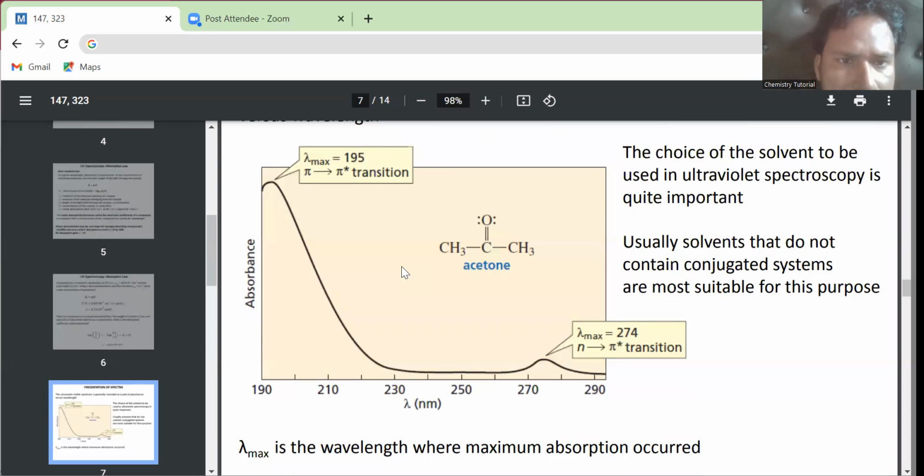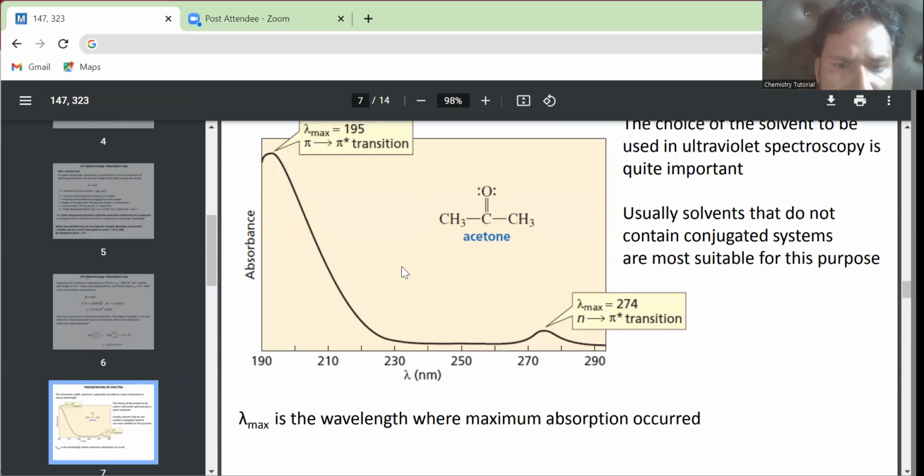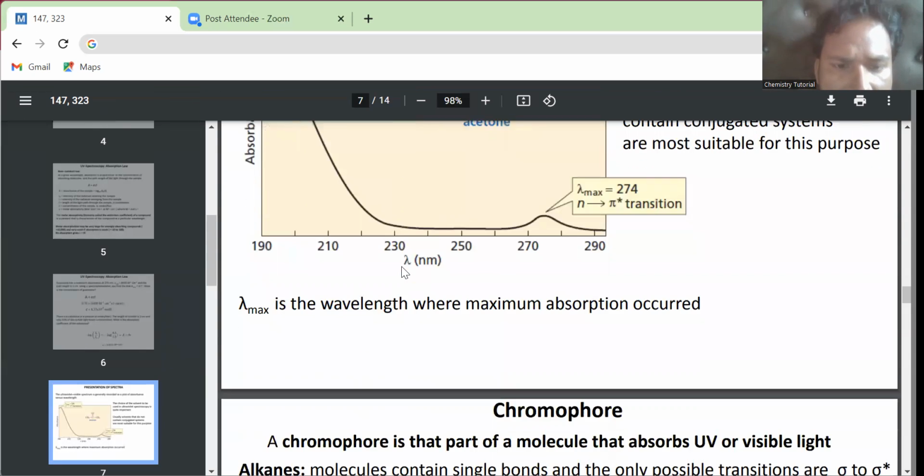Here lambda max is 195 and the transition that occurs is pi to pi star, meaning a double bond is present. Here lambda is 274 nm, and a non-bonding to pi star transition occurs in this molecule. The choice of solvent used in UV spectroscopy is quite important. Usually solvents that do not contain conjugated systems are most suitable for this purpose. So lambda max is the wavelength at which maximum absorption occurs.